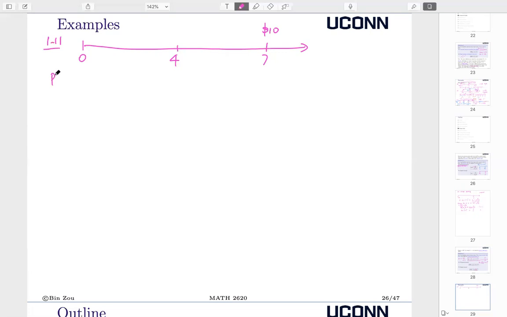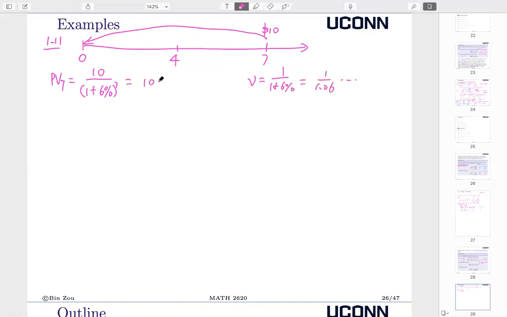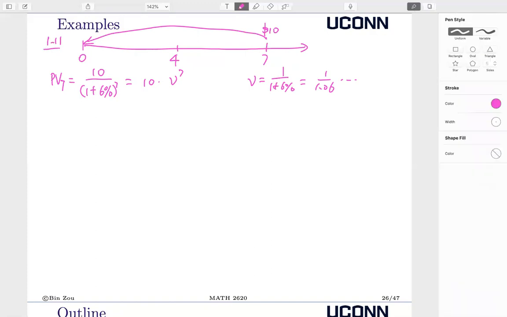PV7 means we want to discount this amount to time 0. So it's 10 divided by (1 plus i, where i is 6%) to the power of 7. Of course, you can do this calculation first, and then this is right. The next question asks you the present value at time 4.